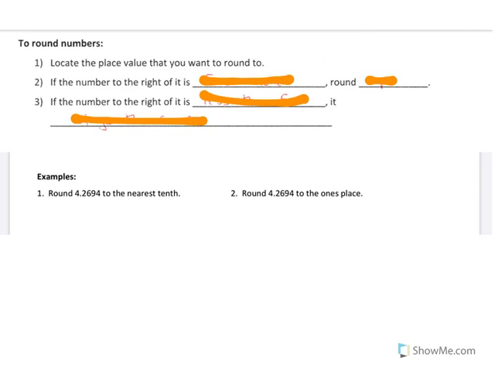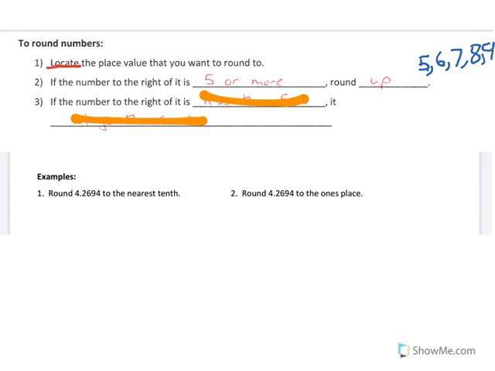To round numbers, we're going to locate the place value that you want to round to. I would suggest underlining it. Let's do that. Locate, underline. If the number to the right is 5 or more, round up. And 5 or more is going to include 5, 6, 7, 8, or 9.